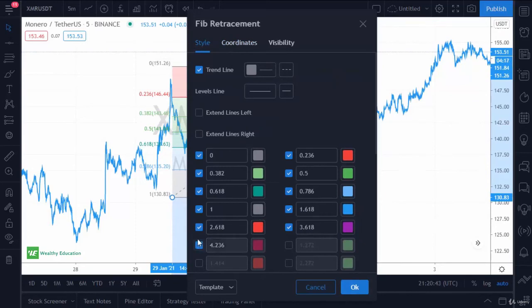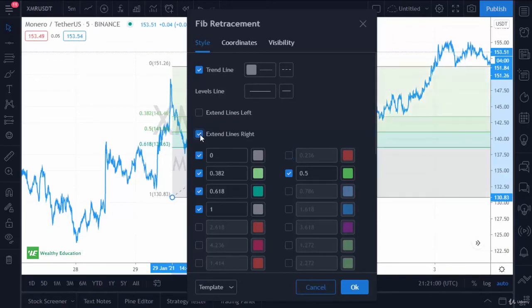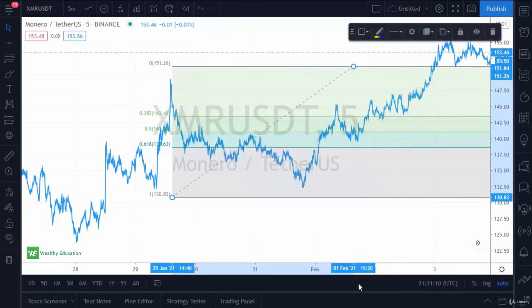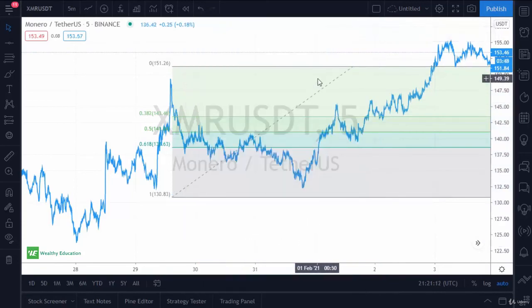And for simplicity, I am going to remove what I consider to be the lesser levels, and I'm going to extend lines to the right. You can always go apply defaults to get back to the way it was. You can save this as whatever you want to save it. So click OK, and you can see it's changed completely. I've got 61.8, 50%, 38.2.